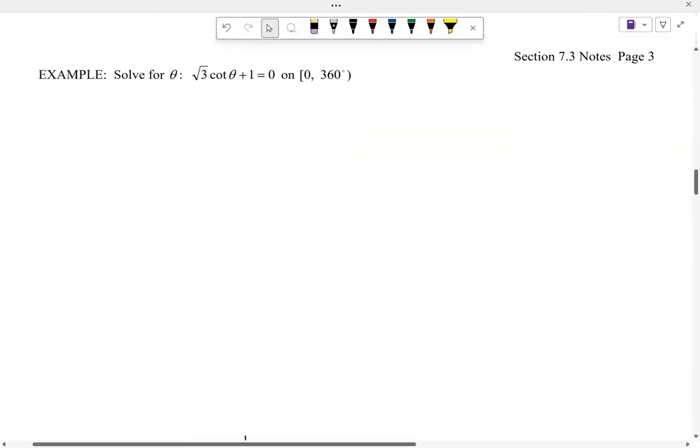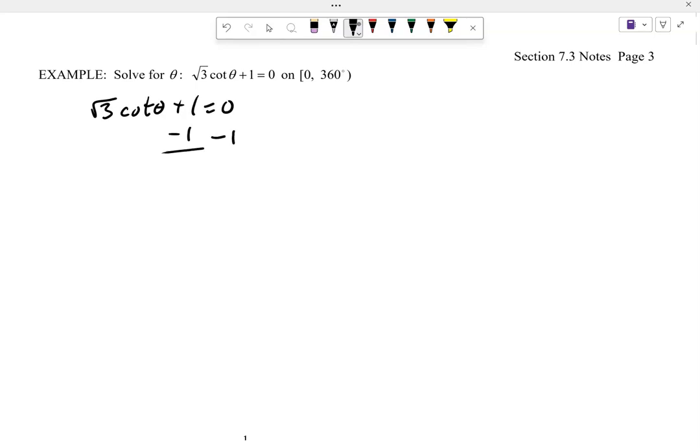Another restricted domain here from 0 to 360 degrees, or 0 to 2 pi. We've got 3 square root of 3 cotangent theta plus 1 equals 0. So let's go ahead and subtract 1 on both sides. Divide by square root of 3. So we get the cotangent of theta is negative 1 over root 3.